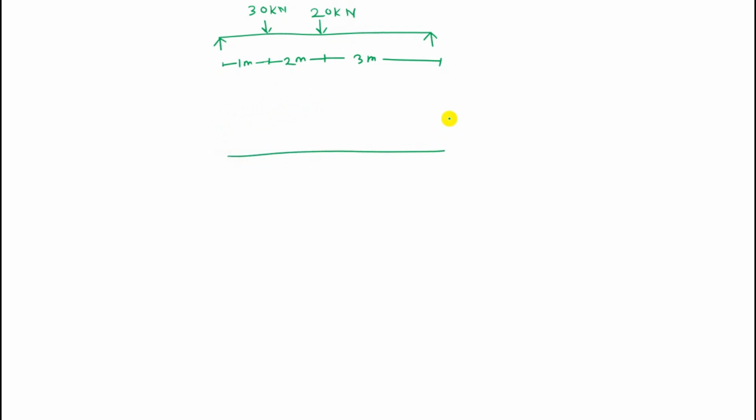Okay, now calculate the reaction RB. So this is influence line diagram.